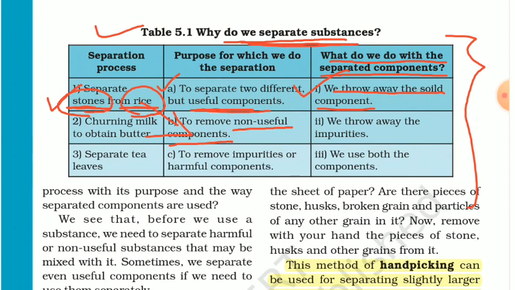Obviously we can check option number 2, that we throw away the impurities. Obviously the stone in rice is an impurity, but in option number 3 we use both the components. Obviously in case of rice, we eat rice, but we will throw what? We will throw stone. So we will not use stone in that case. So we will not use both the components.